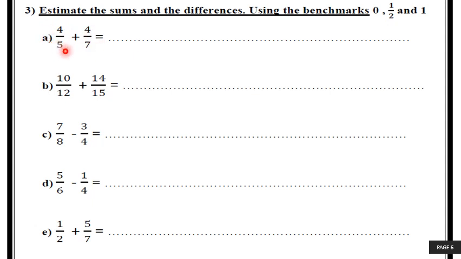Let's make an estimation for these two fractions, then make the addition. 4/5 is nearest to 1. Then make plus. 4/7 is close to half. So 1 plus half equals 1.5.